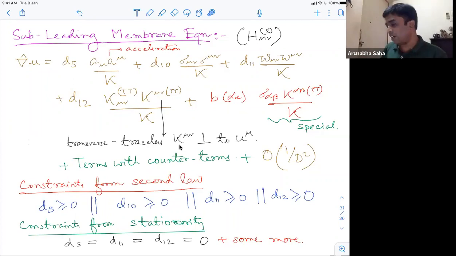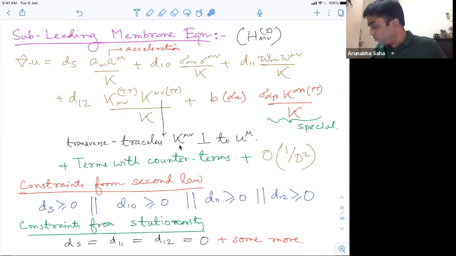Now, once you cannot find a counterterm to these things, let me first of all explain what this term is. This mu means a contraction of the acceleration of the velocity vector field. This is sigma squared, the product of shear, and this is vorticity. And this K mu nu perp T is the transverse stressless component of the curvature. If you are interested in the details, this final term is proportional to the product of sigma alpha beta, the shear, and the transverse stressless component of the curvature.